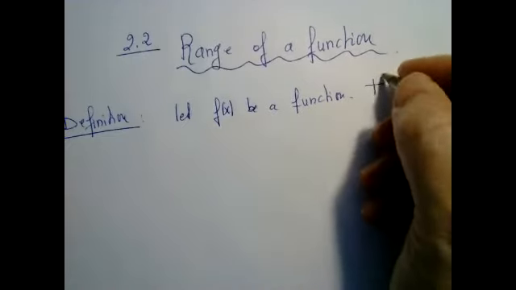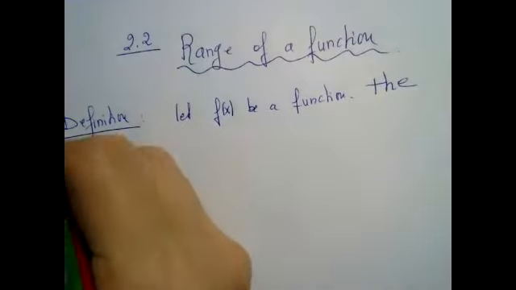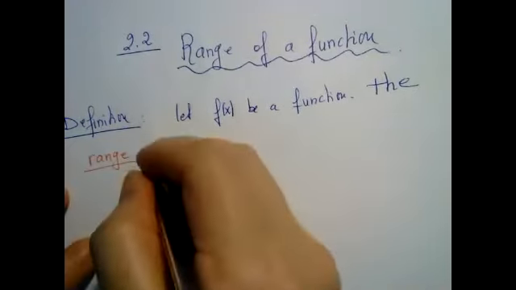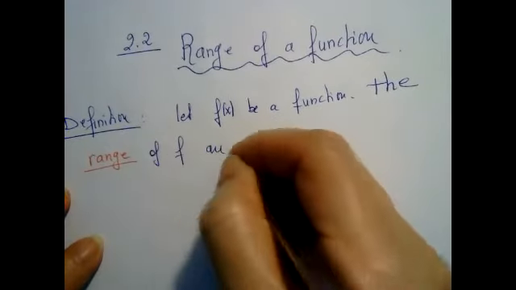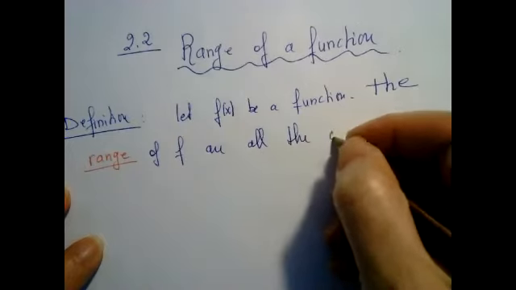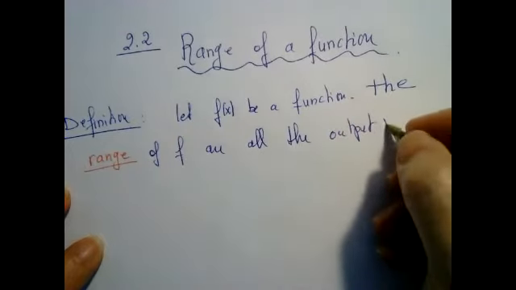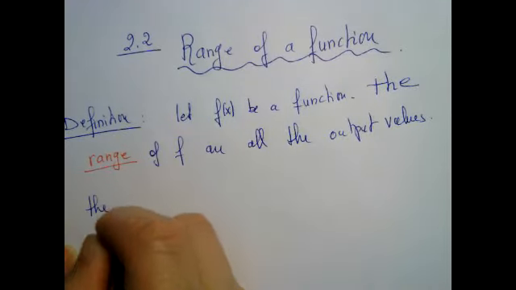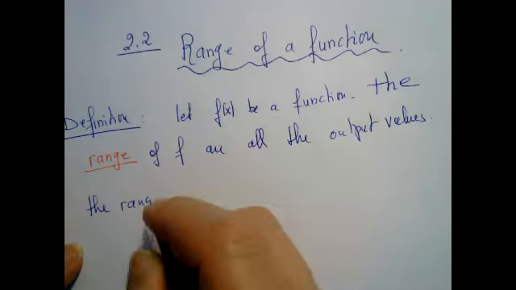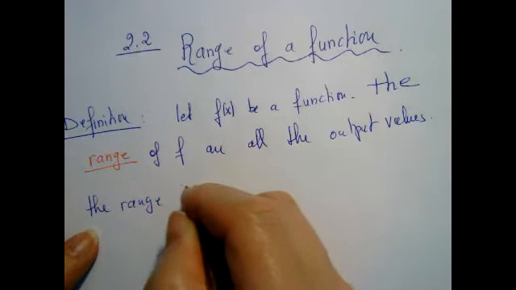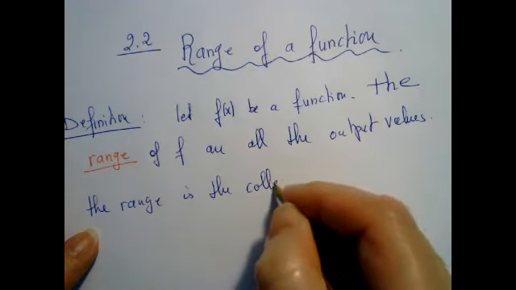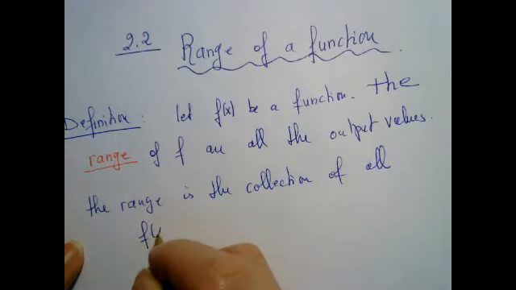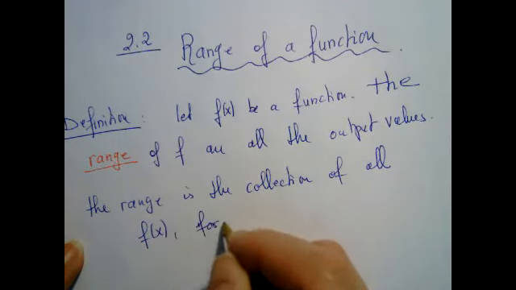Then the range of f, the range are all the output values. In other words, the range are all the f of x. The range is the collection of all f of x, the output. All the f of x for x in the domain.